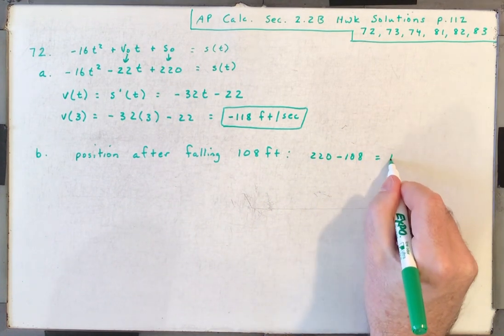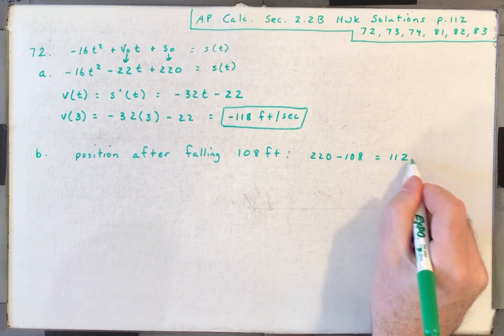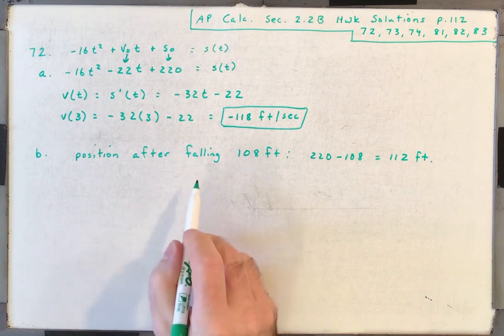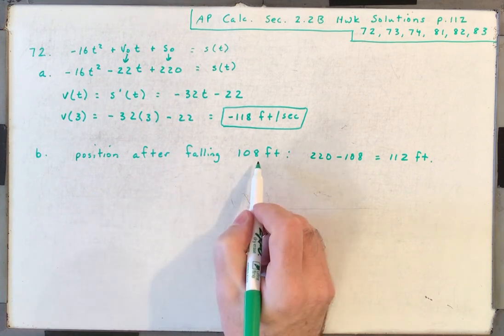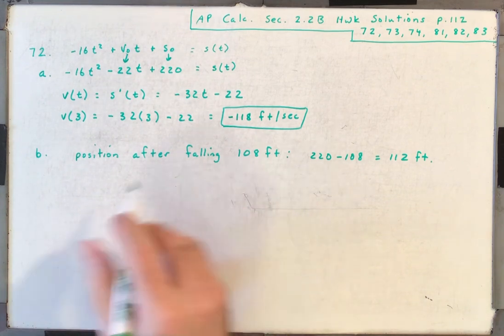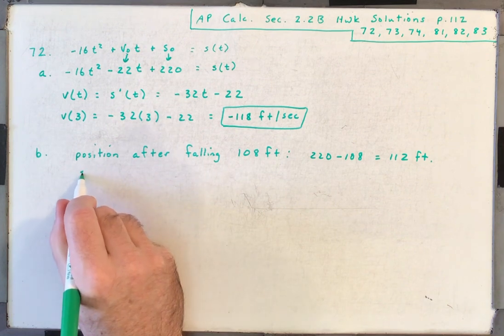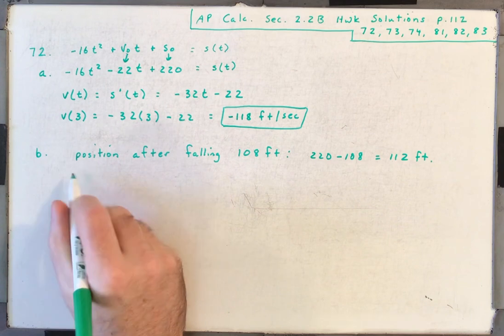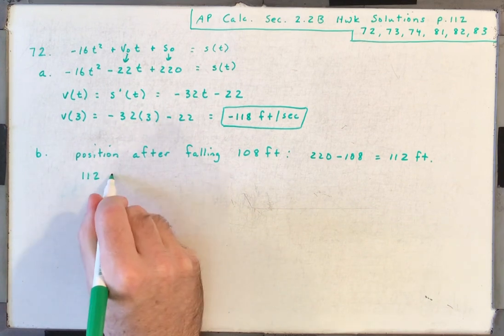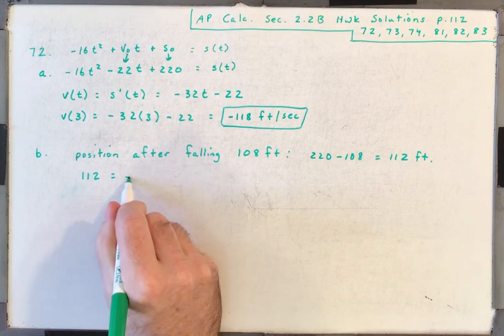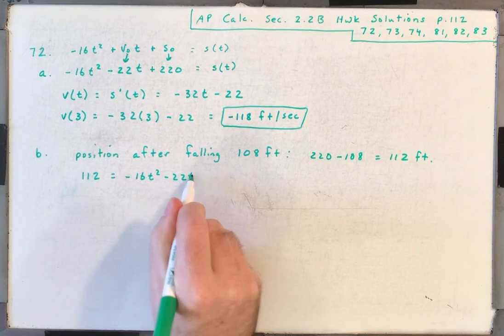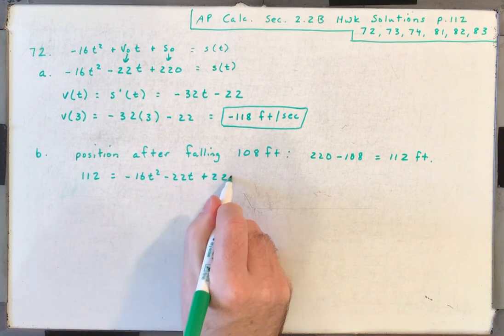That's going to be 112 feet. So that's what our position is after falling 108. So what it's saying is that 112 feet is equal to minus 16t squared minus 22t plus 220.